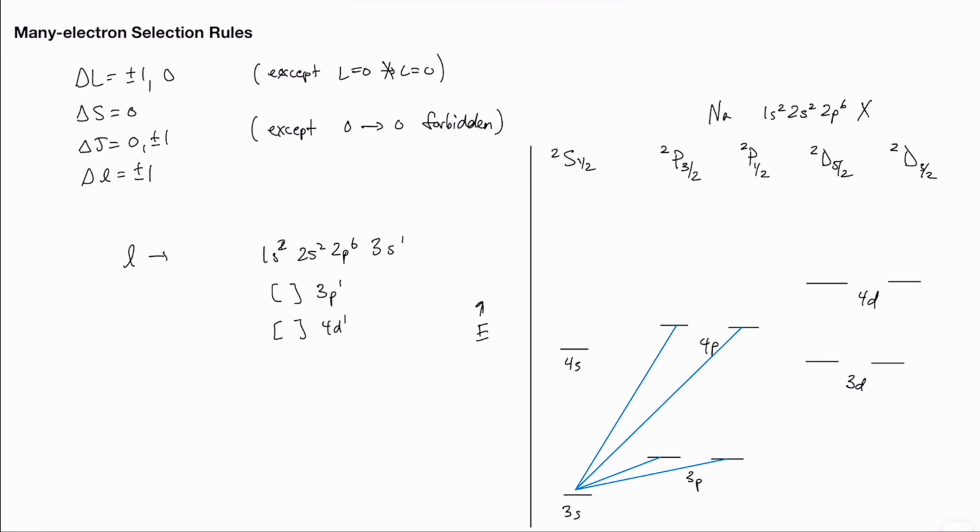Next, if we're starting from 3p, we can of course go up to 4s, but we're going to keep going to the right. So the p1/2 over here can go to the d3/2, but it can't go to the d5/2 because that would correspond to delta j equals 2. Right, so these transitions are allowed.